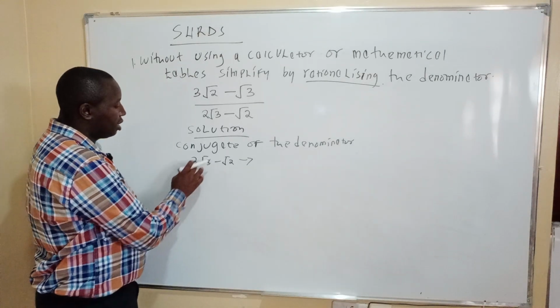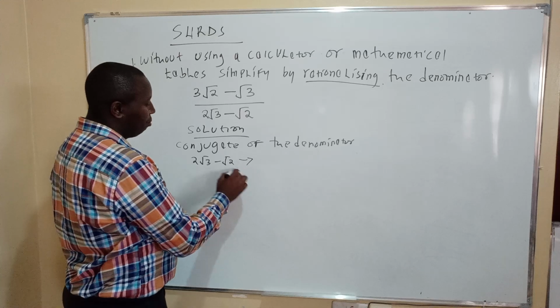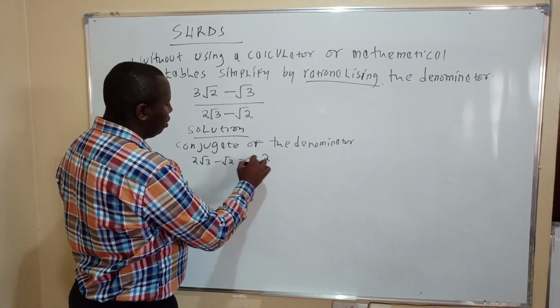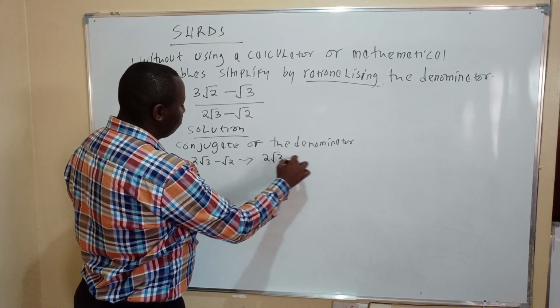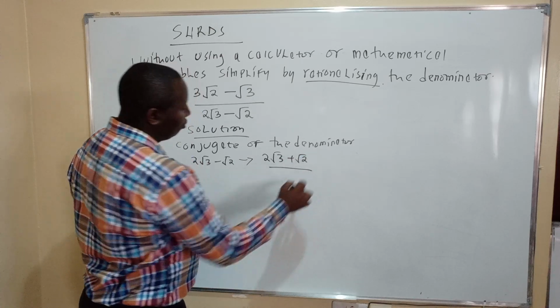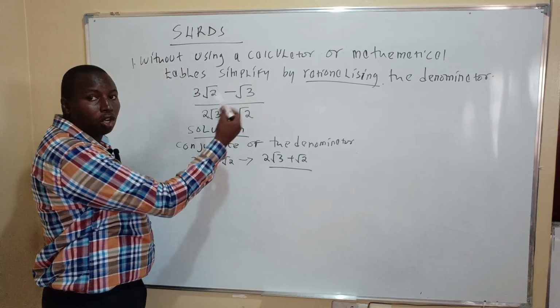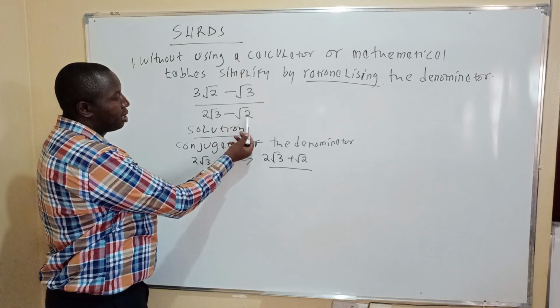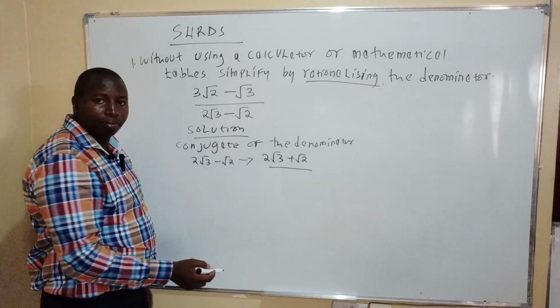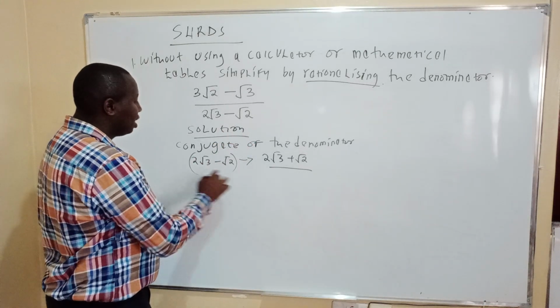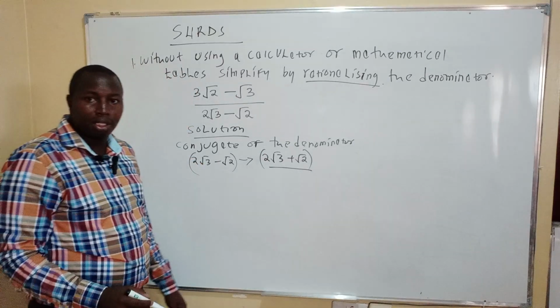So the conjugate is 2 root 3 plus root 2. If this is minus, then the conjugate is plus. It's always factors of a difference of 2 squares.